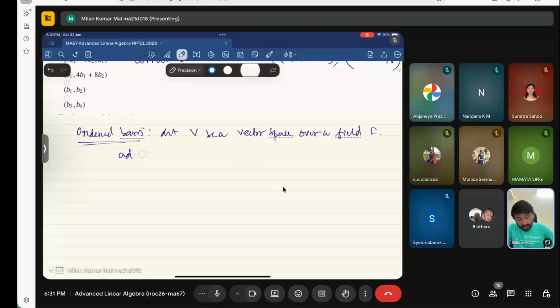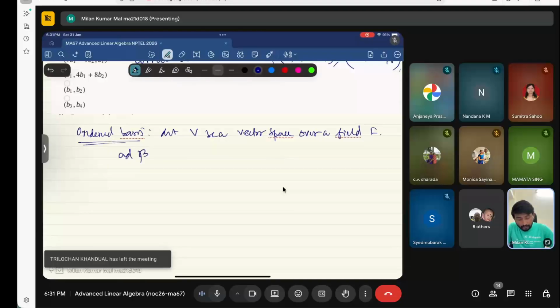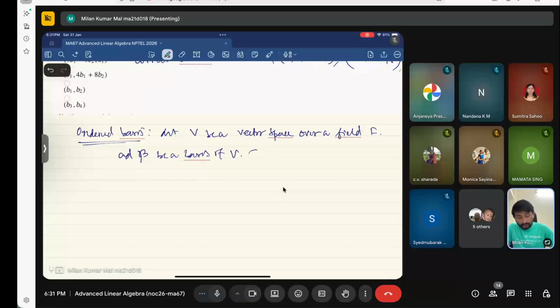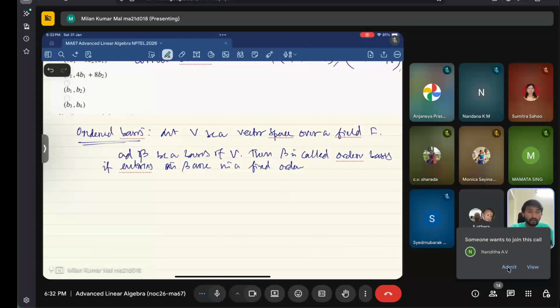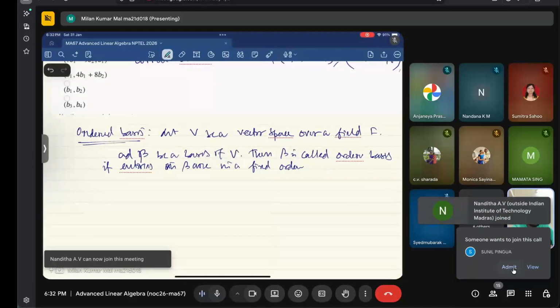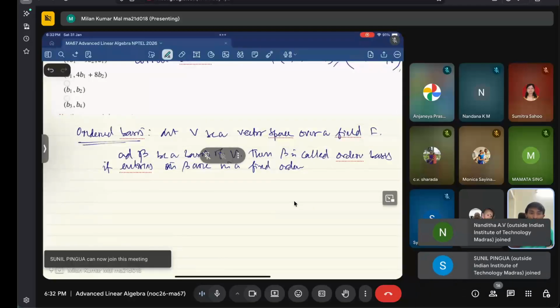So if beta is a basis of V, then beta is called an ordered basis if the entries in beta are in a fixed order. Then we will call it an ordered basis.